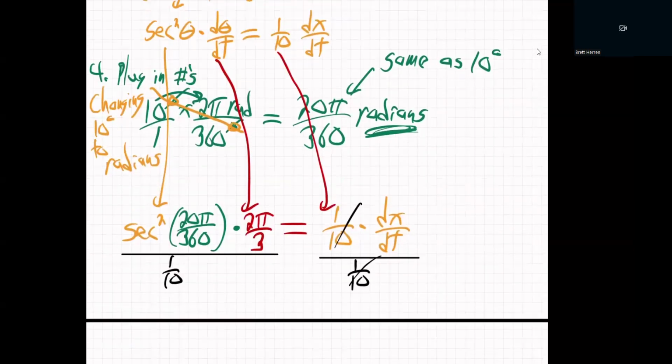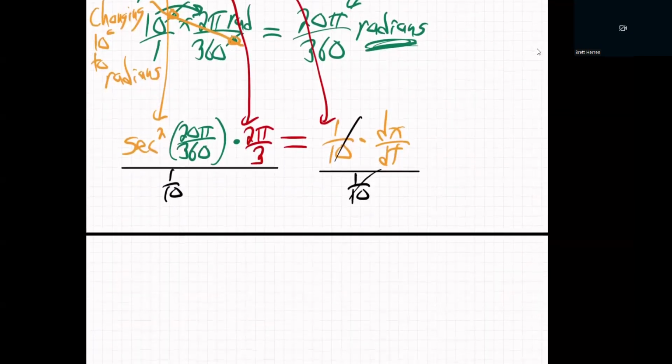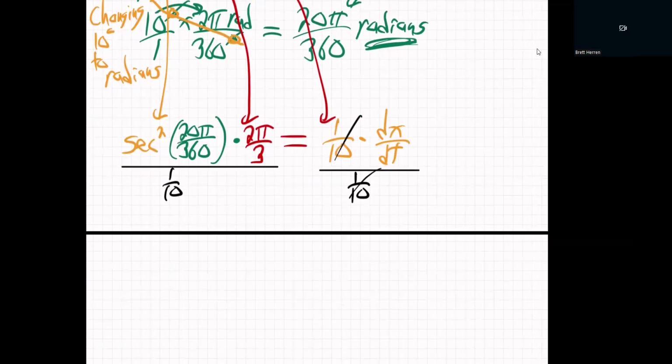So remember, do you remember? Secant is upside down cosine. So this is gonna go down here and become cosine squared of 20 pi over 360. That's the same thing. Secant is upside down cosine. You remember that from trig? Let me write these out if this is helpful for you.